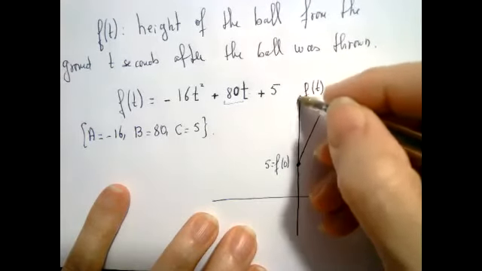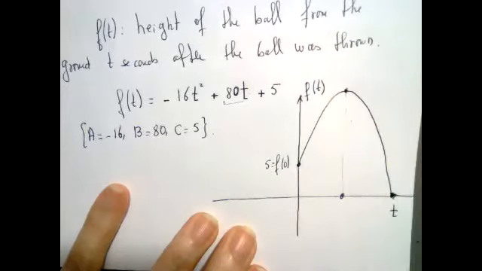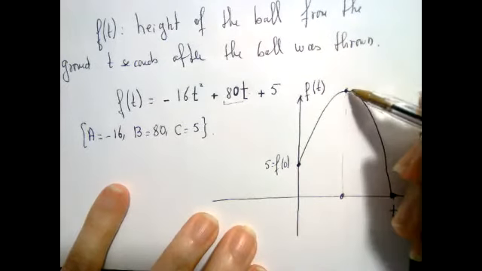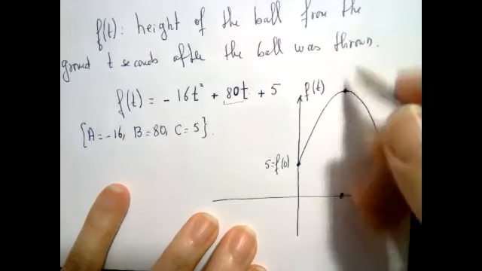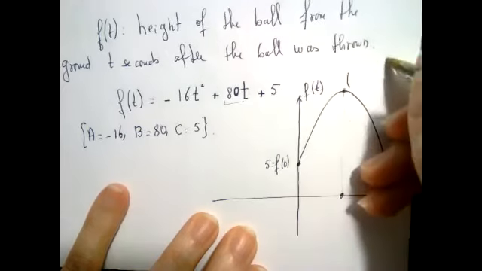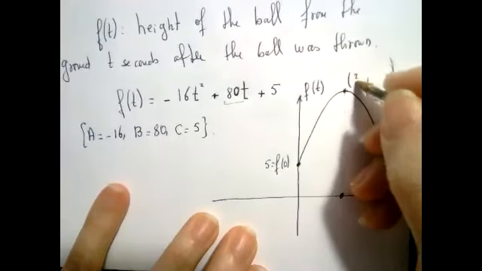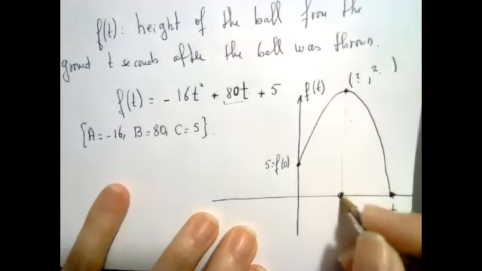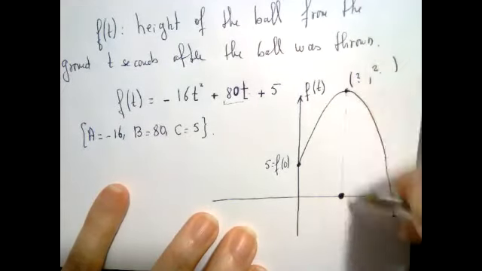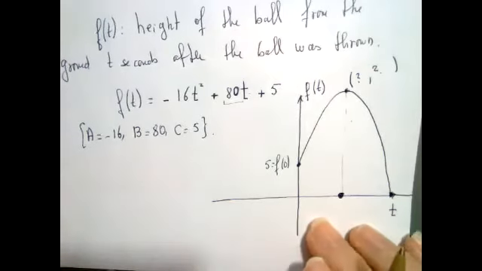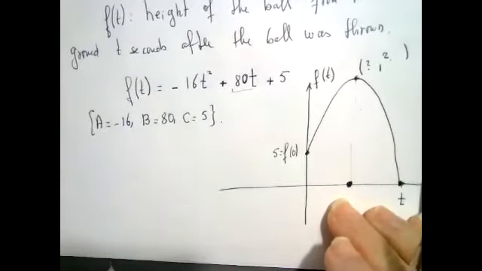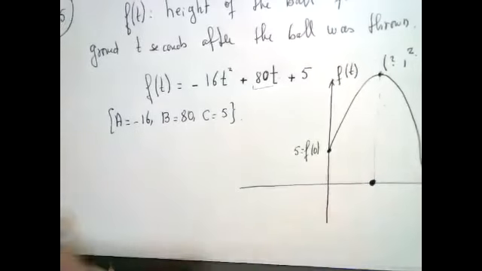So this is the height here, and this is the time. And the question is when. So basically, that's exactly what I need to find. So when will give me the time, and when I find the output, I get the height.